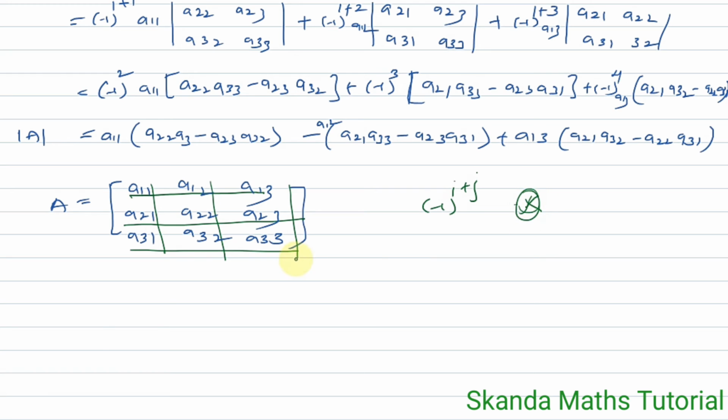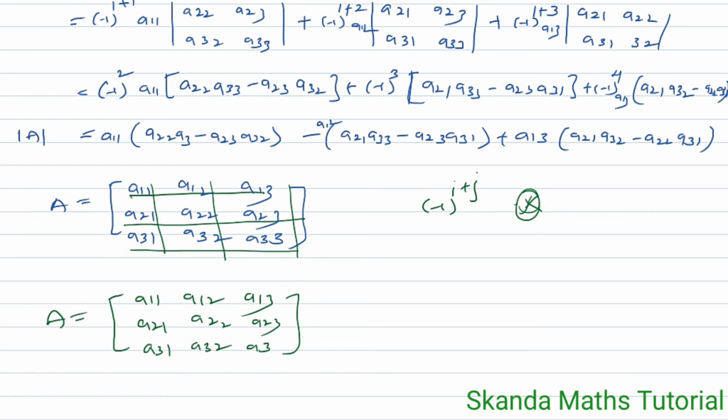So what we can do is, see, A is equal to, I am writing, A11, A12, A13; A21, A22, A23; A31, A32, A33.